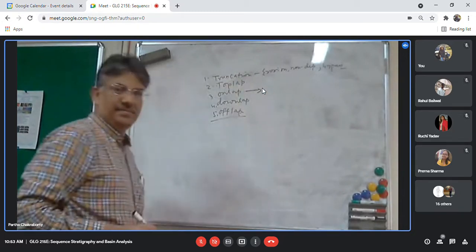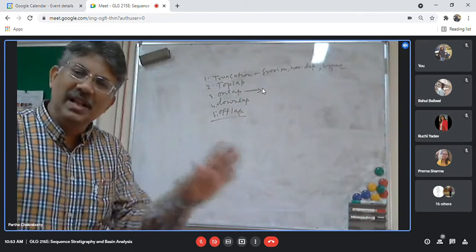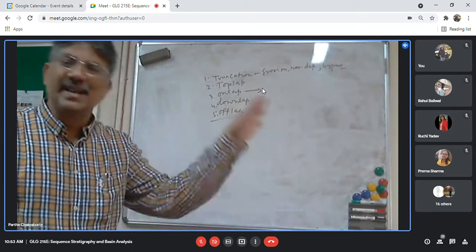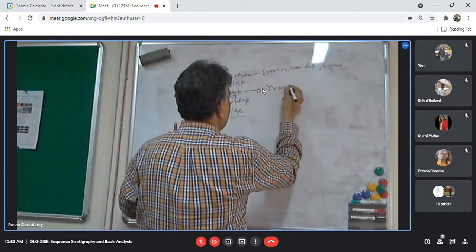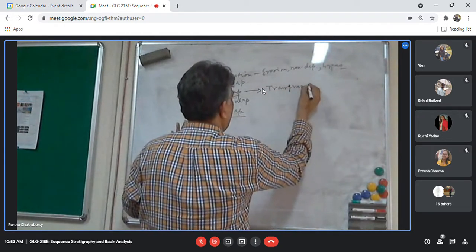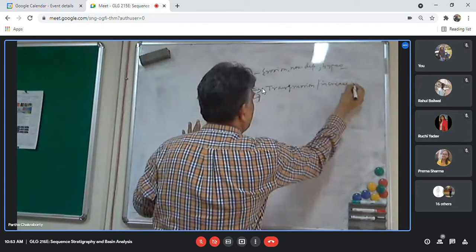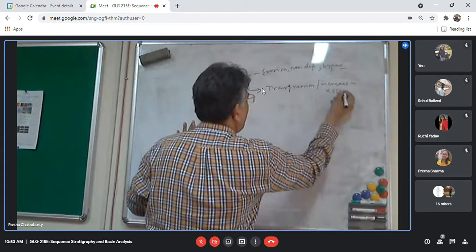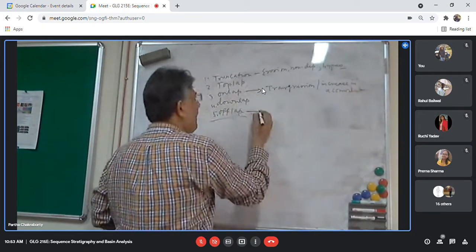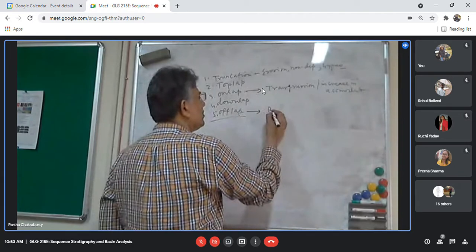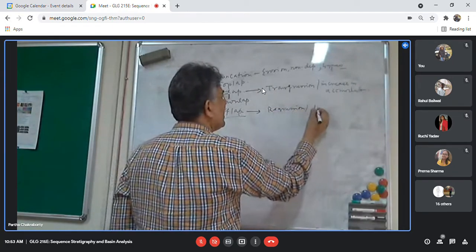Now, if I come to on lap, on lap is always related to a transgression, or increase in accommodation. Whereas off lap is always regression or decrease in accommodation.